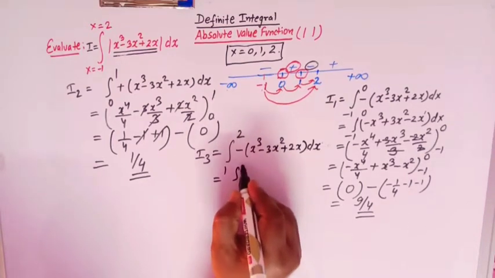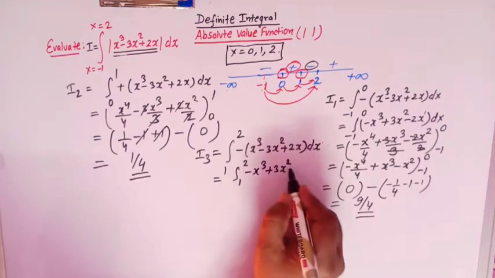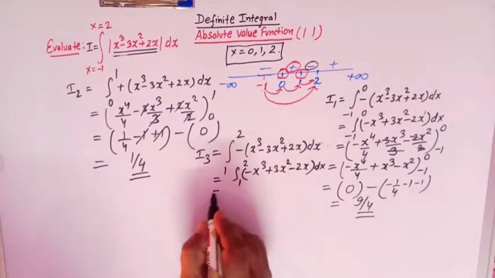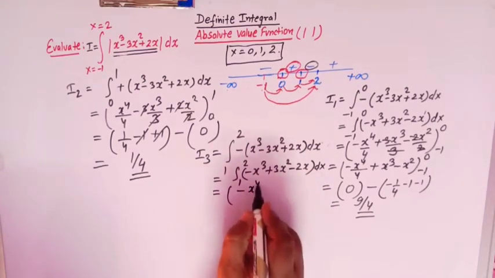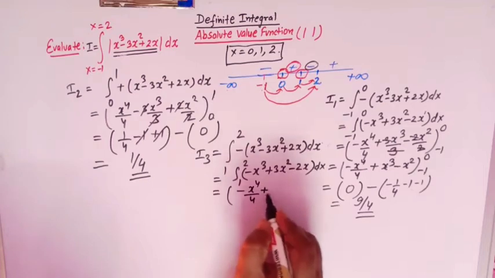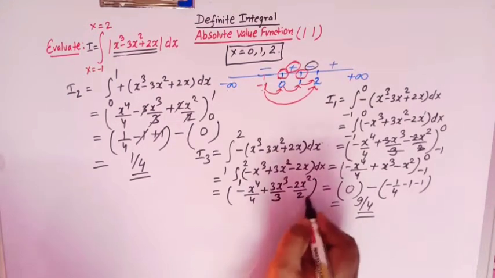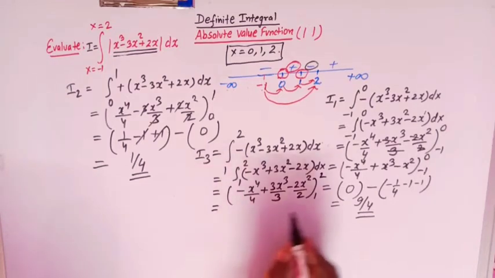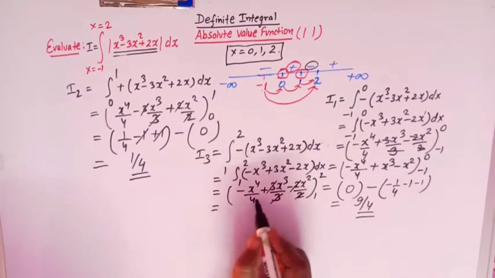Now we have 1 to 2 minus x cube plus 3x square minus 2x dx, and here the integral is minus x raised to 4 over 4 plus 3x cube over 3 minus 2x square over 2, and the limits are from 1 to 2, right? So now 3 and 3 get cancelled, 2 and 2 get cancelled.